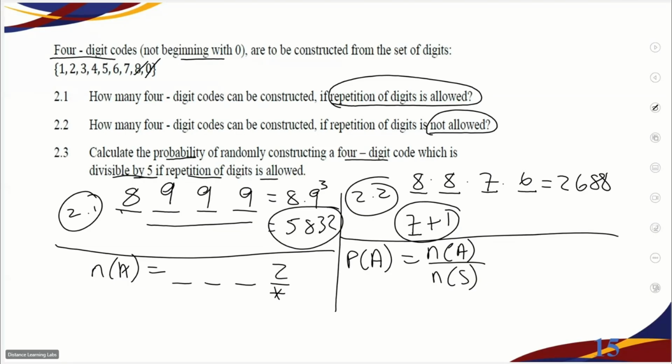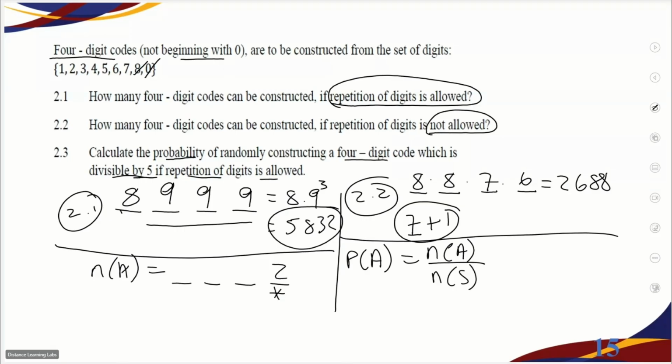Because the digits are allowed to repeat, after filling in the first position, all other numbers will be competing for the rest, except for 0 in the first position, because 0 is excluded based on the condition not beginning with 0. How many numbers will be competing for the first position? 8.